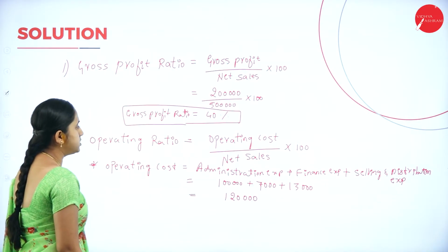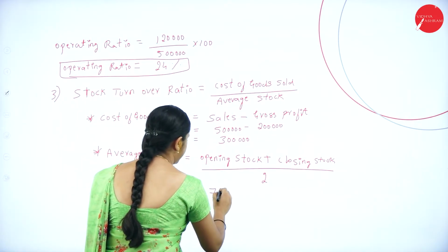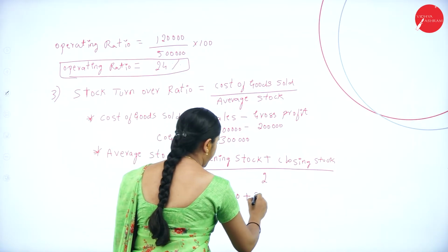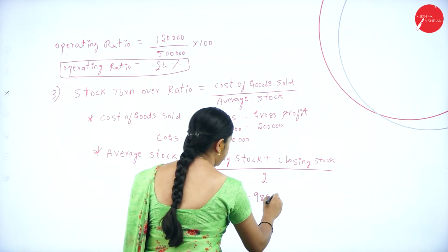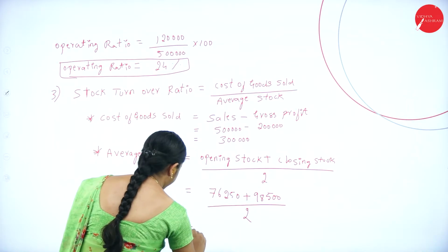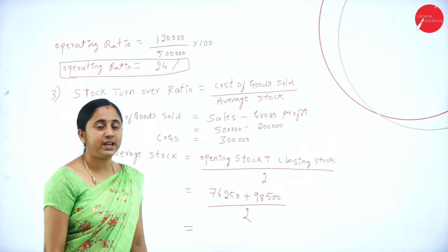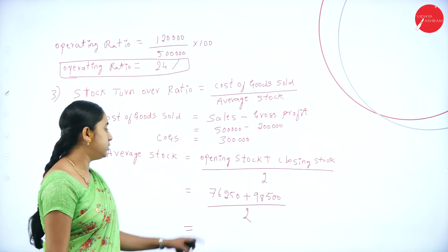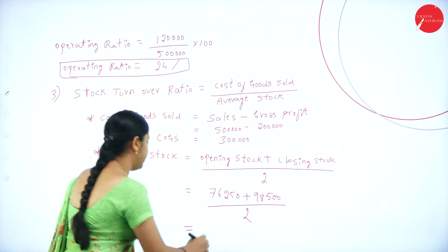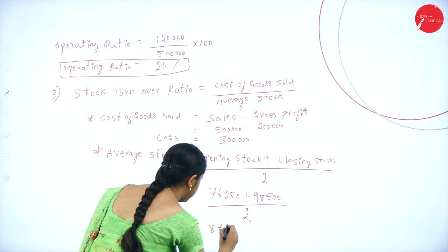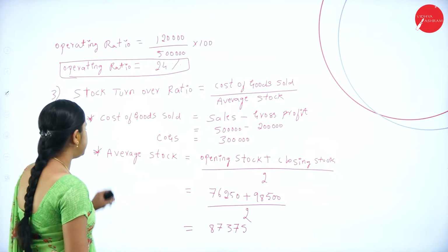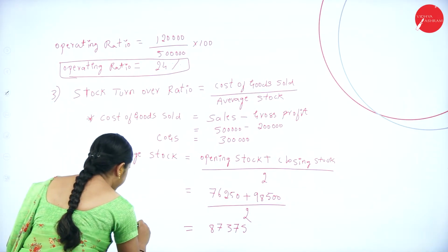So 76,250 plus 98,500 divided by 2 is equal to 87,375. 87,375 is the average stock.